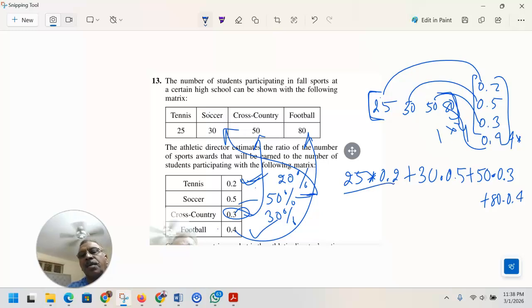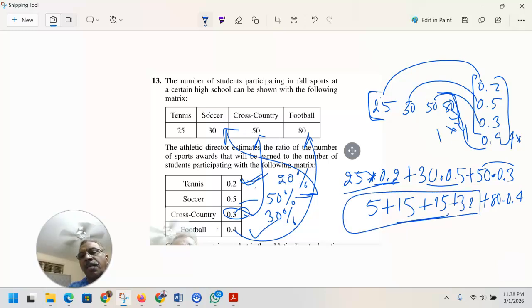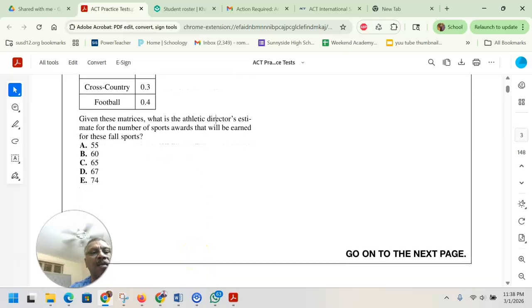This will give you 5. The next one will give you 15. And the next one will give you another 15. And the next one will give you, I think, 32. You can check this. If we add up, this will be 30, 30, 62 plus this one gives you 67. And you can see that answer is right there.